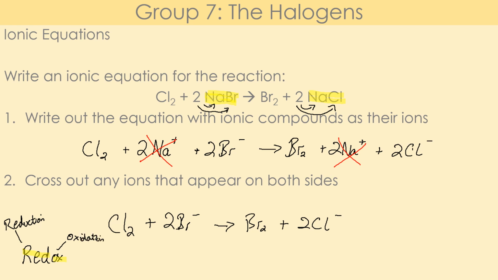And hopefully you'll remember that reduction is gain of electrons and oxidation is loss of electrons. So we see that change happening. We wanted to work out which one has been oxidized and which one's been reduced. So my chlorine has gone from a chlorine atom to an ion. To go to an ion, it's got a minus charge, so it needs to have gained an electron. So my chlorine has gained an electron.